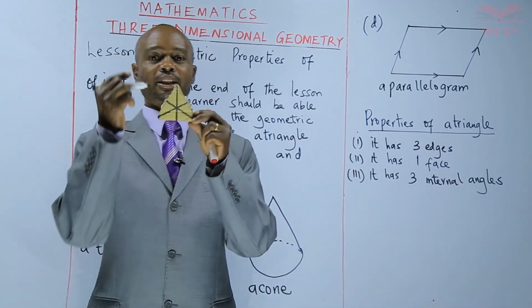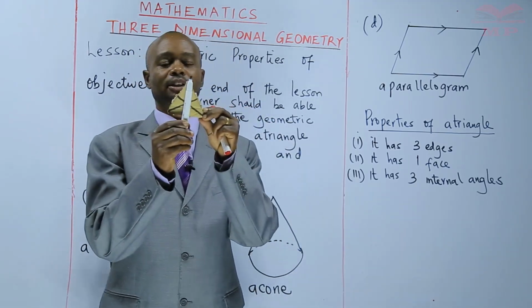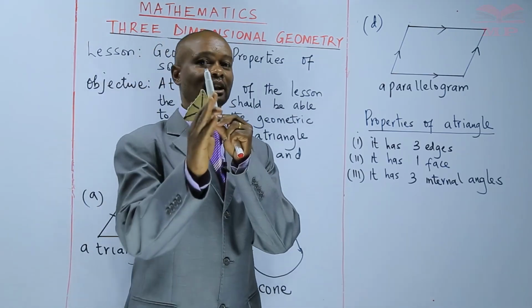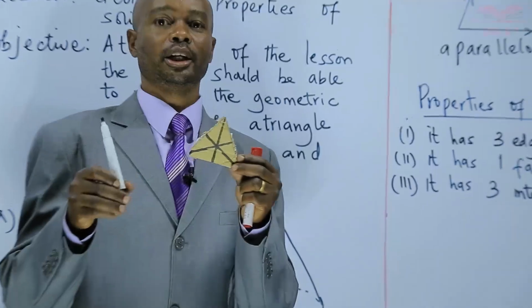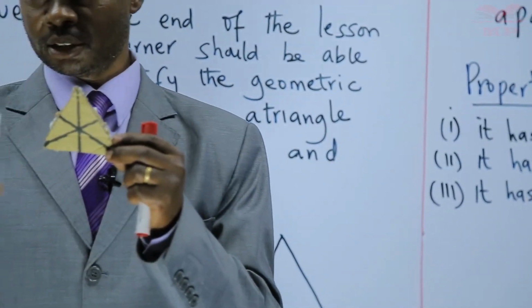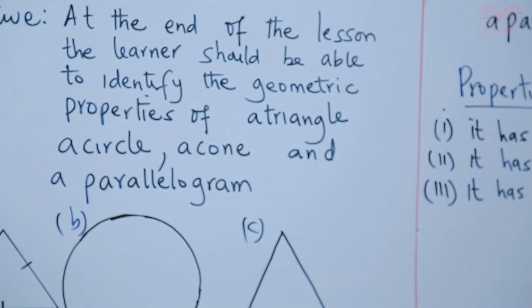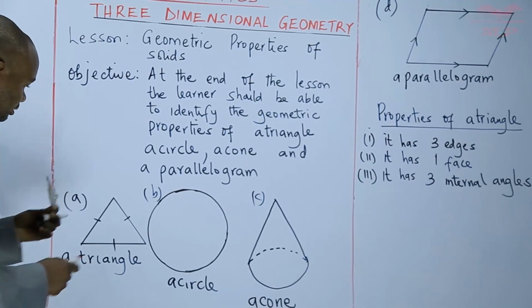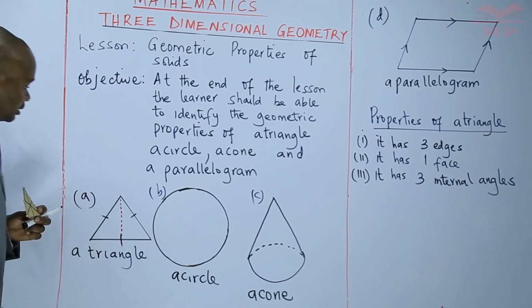There is another thing we can look at, planes of symmetry. A plane of symmetry will cut that figure or that object into 2 equal parts. If I look at the triangle, let's try and see.